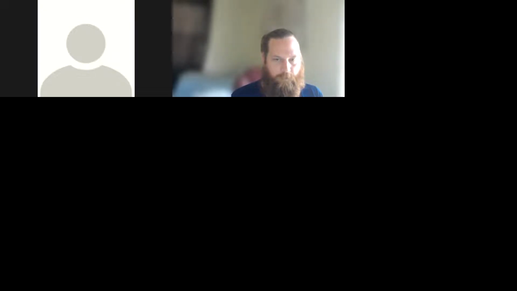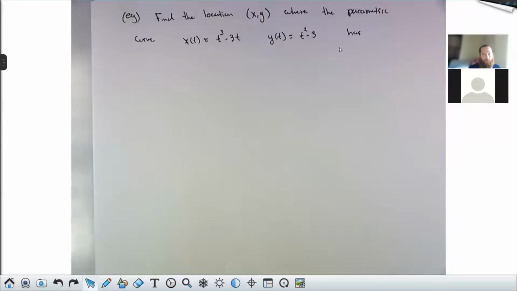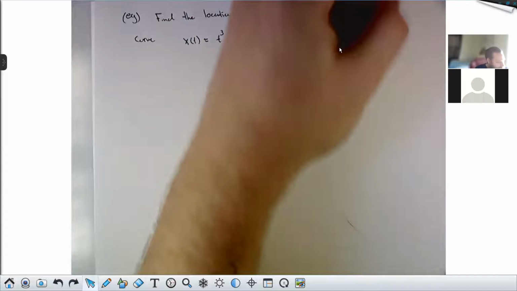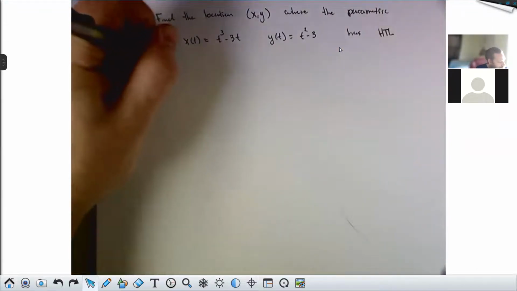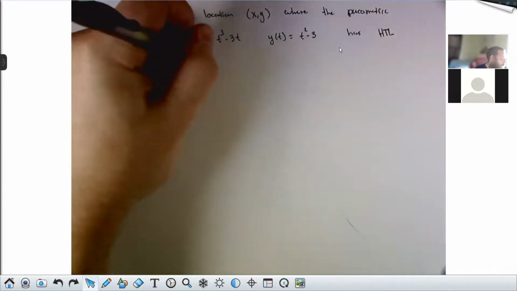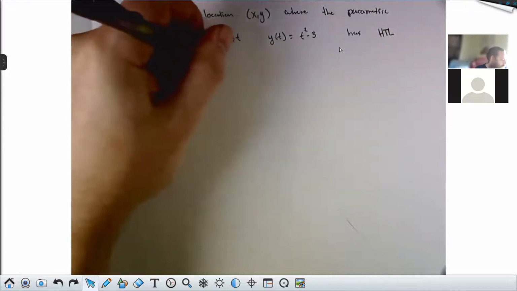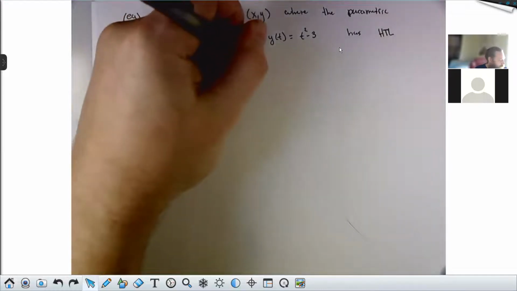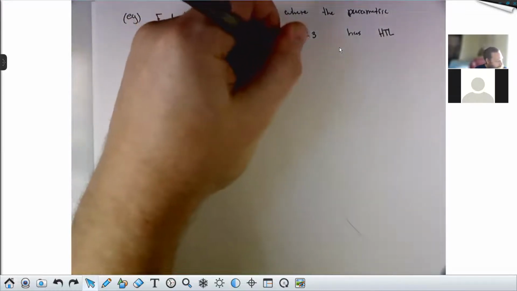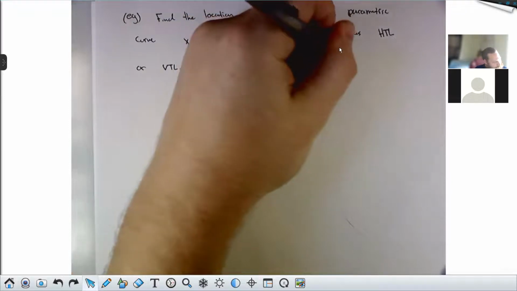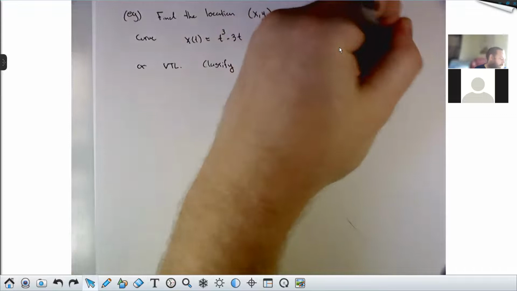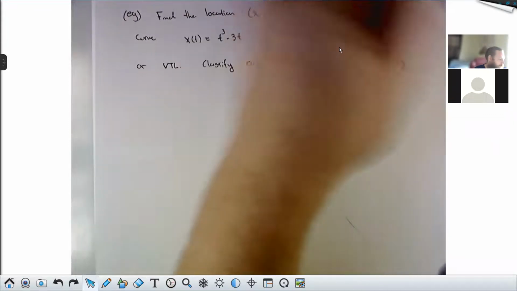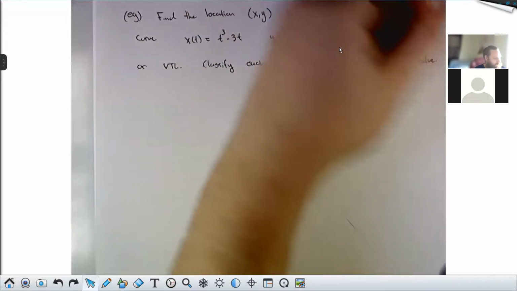Here we go. Find where this bad boy has horizontal or vertical tangent lines. And then we're going to classify each point as a min or max x or y value.